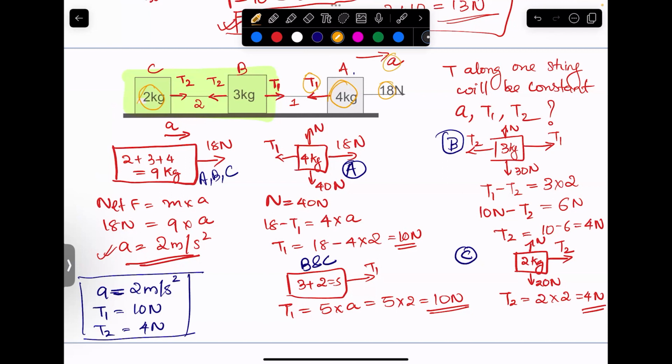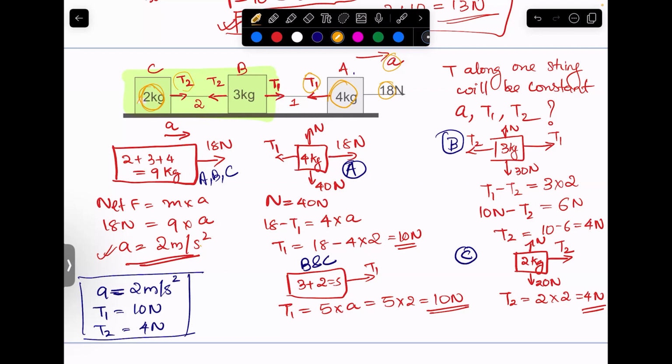So equating, you will get T1. And to find T2, you know the mass of the object, acceleration is given, and the only external force is T2. So T2 equal to mass times acceleration, that is 2 times 2, which is 4. So T2 we can easily find. For T1, you have to equate the forces. That is just two opposite forces acting, one is 18 Newton and another is T1.